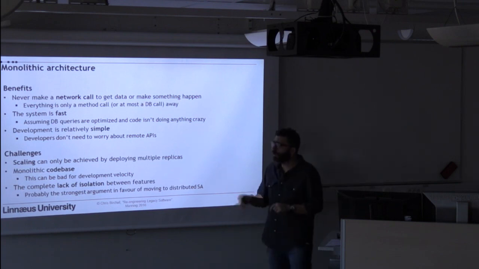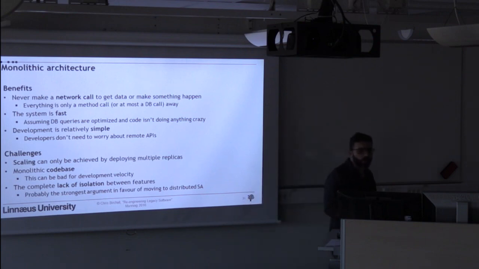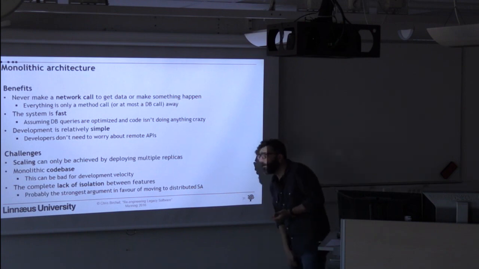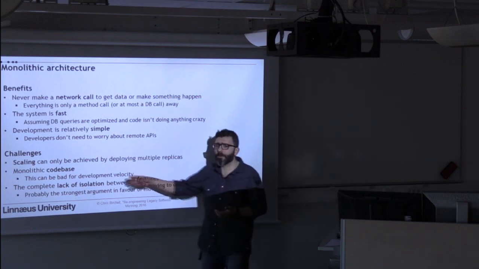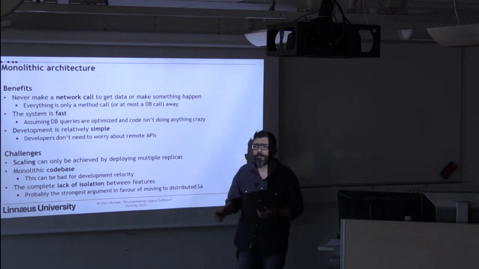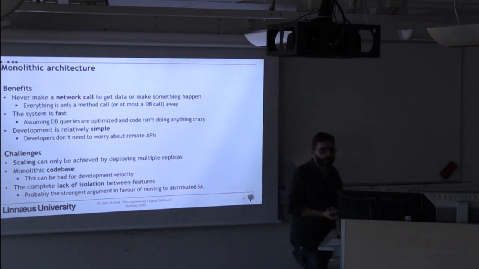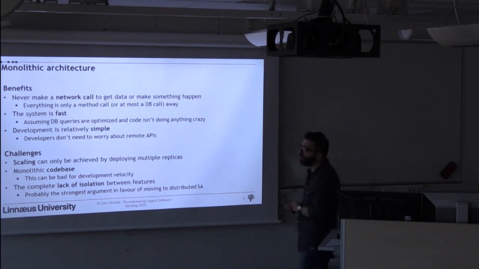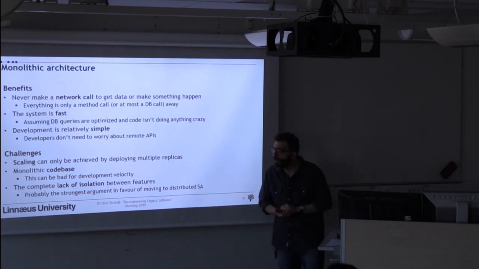With a monolithic architecture, you also have a monolithic code base, okay? And this can be very bad for development velocity, as said before. The bigger the size of the system, the bigger the problem in dealing with the code.